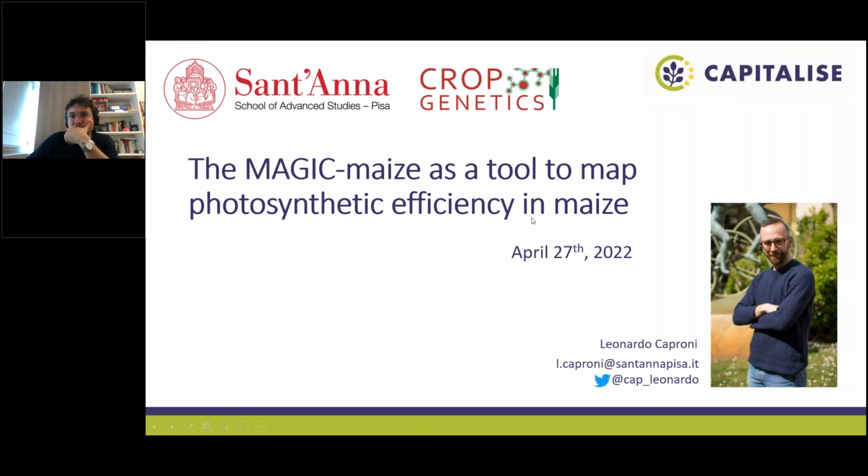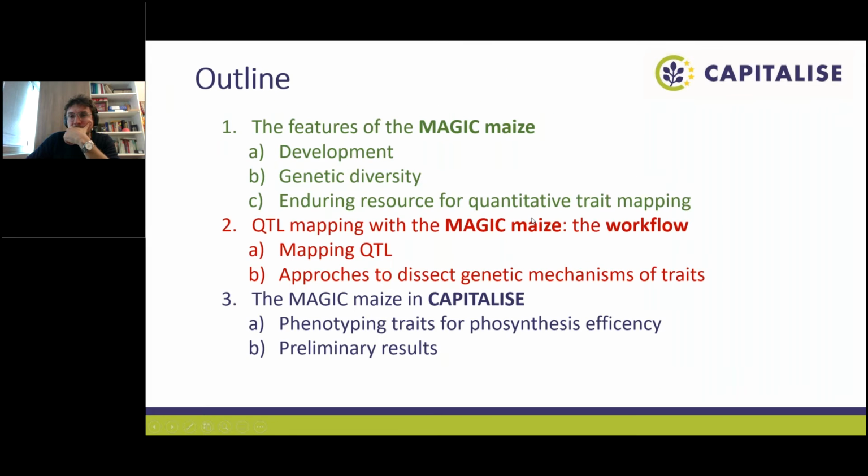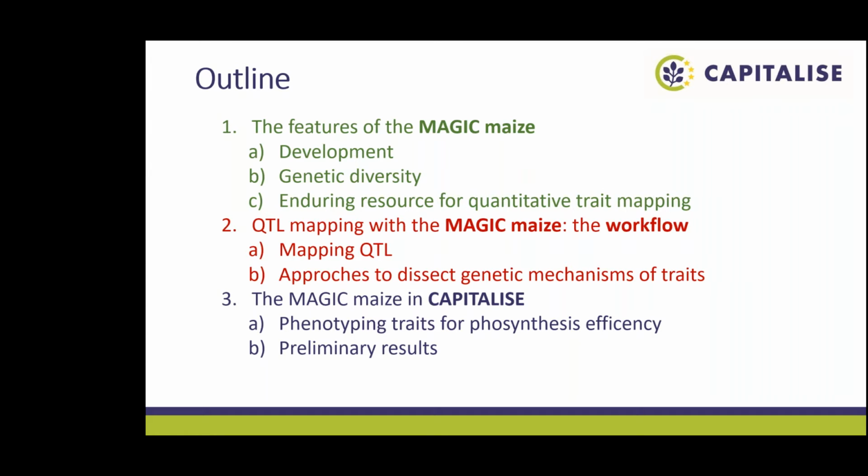Here I'm showing how I organized the presentation. In the first part, I will talk about the features of the MAGIC population, its development, and something about its genetic properties, and after that we will move on to QTL mapping.